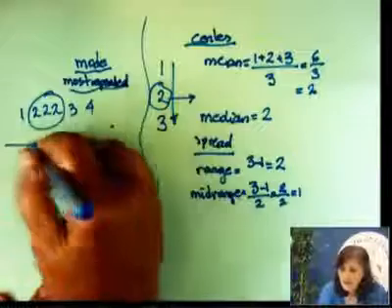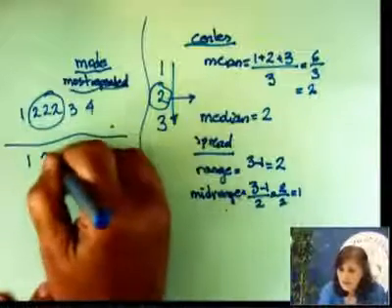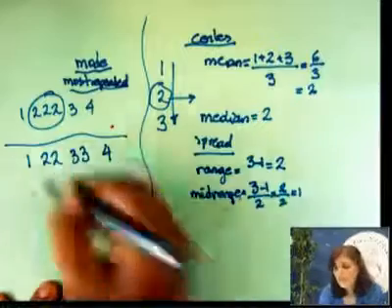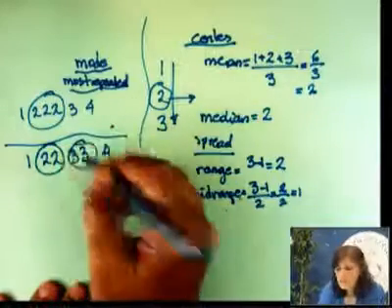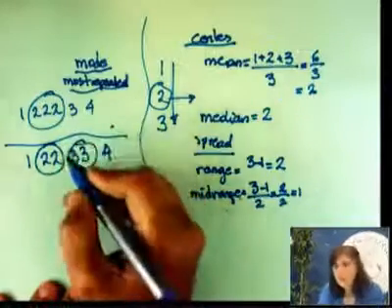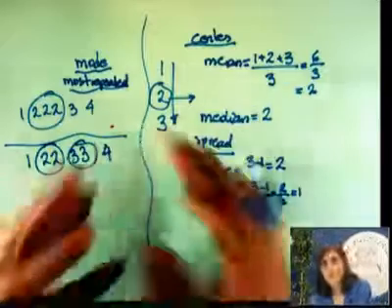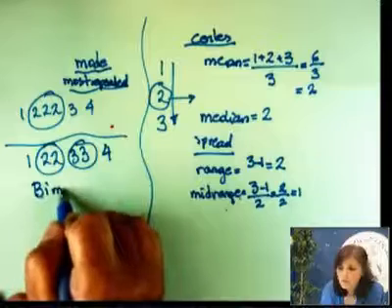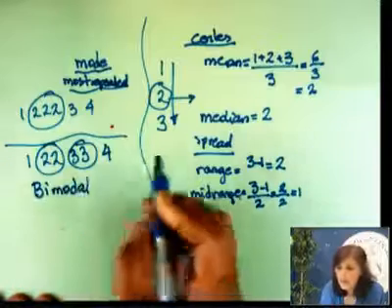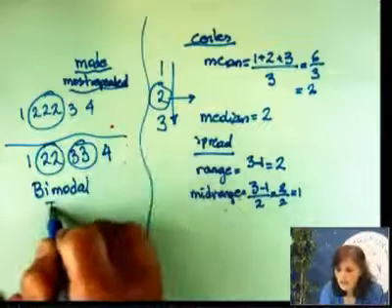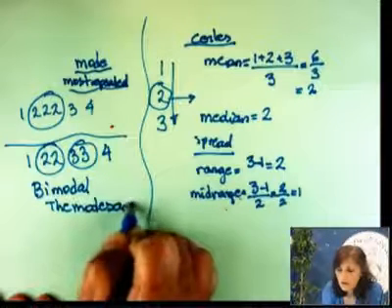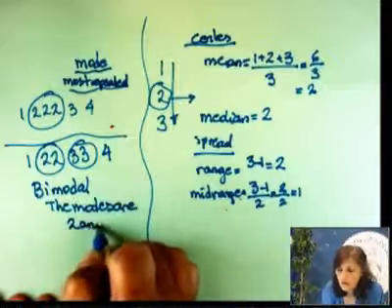If you have data that is repeated the same amount of time, like this one repeated twice and this one repeated twice, it looks like your data is pooled by those 2 values. You may say my data is bimodal, and the modes are 2 and 3.